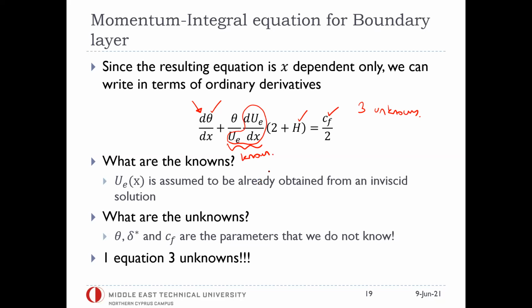If you want to solve this equation to get the boundary layer characteristics over an airfoil or a wing, you can first obtain a panel method solution for this airfoil, and the velocity field that you get from the panel method will be your UH(x) distribution.